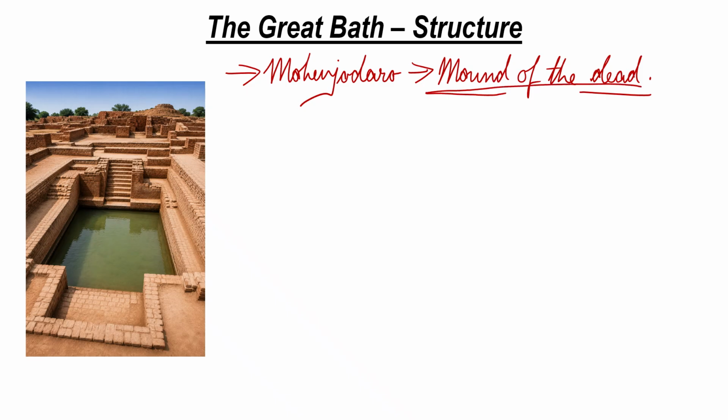The next information about this Great Bath structure is that it is a large rectangular tank. You can see in this picture it is in the shape of a rectangle.